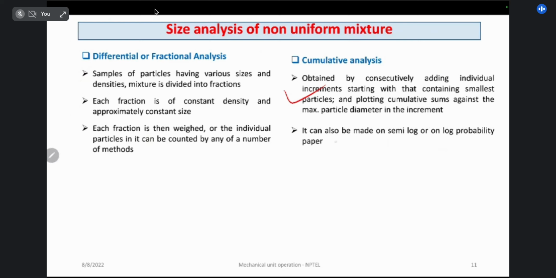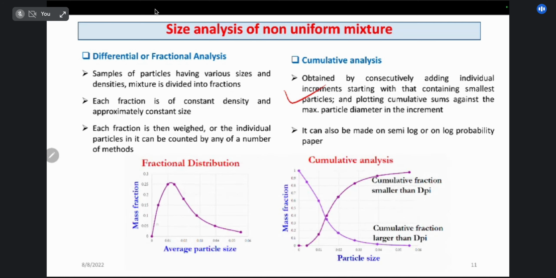It can also be made on semi-log and log-probability plots. In that we need to add each and every section in a cumulative manner, and here we consider the fractional analysis. In the fractional distribution, you will get a chart of mass fraction versus average particle size like this.